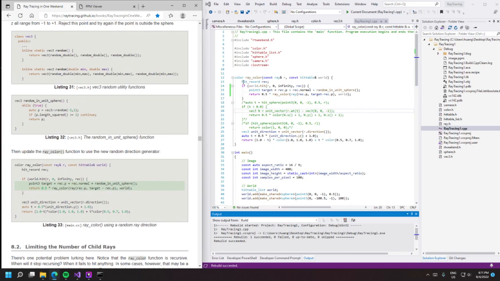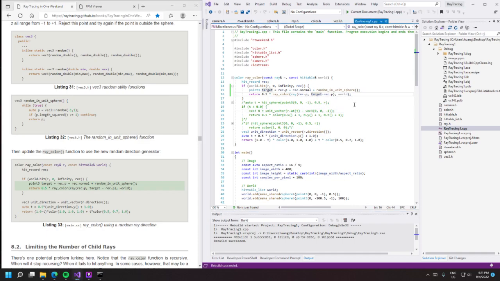For this part, the target is right. And this is rec p, target minus rec p, and the vector unit direction, unit vector r direction, and t is 0.5 times.